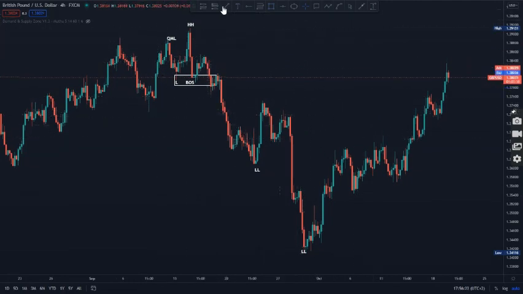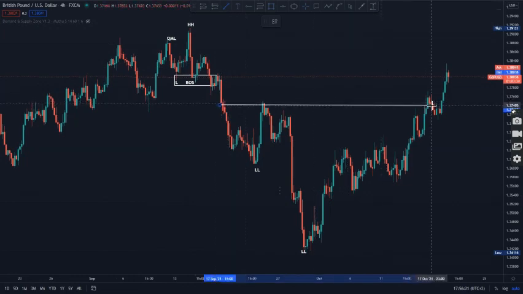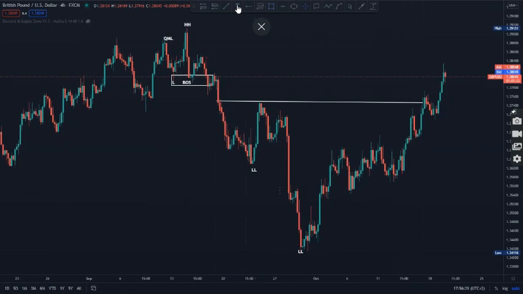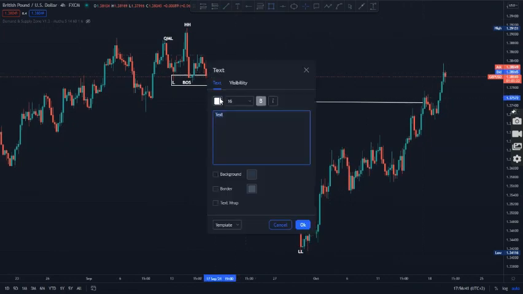So from here, I look for my areas of fake out or resistance. I'll identify this level as a level of resistance where we had fake outs. This will be my R1.